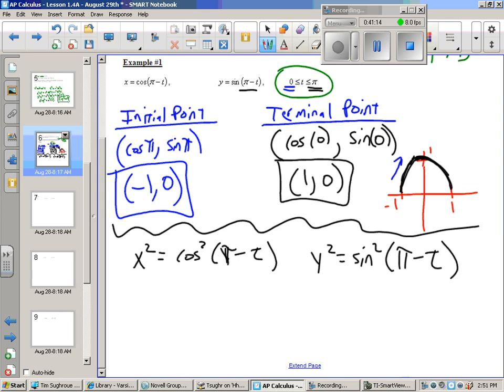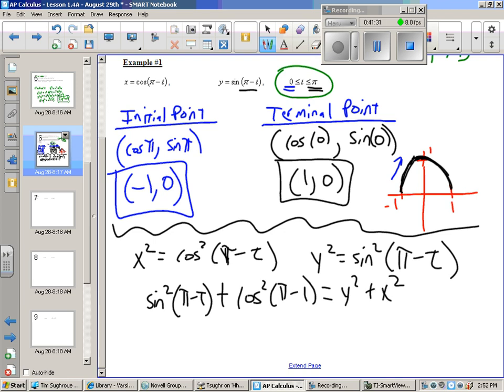And it is sine squared of pi minus t plus cosine squared of pi minus t will equal y squared plus x squared. And we know that sine squared plus cosine squared, as long as it's the same angle, equals 1. So 1 equals, it doesn't matter what order you add in, x squared plus y squared. There is the circle that it equals.